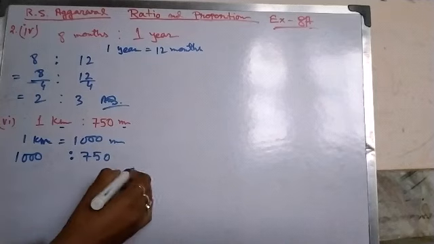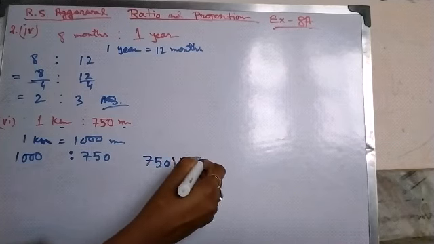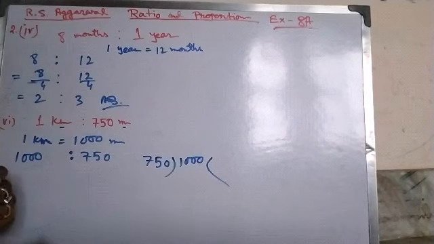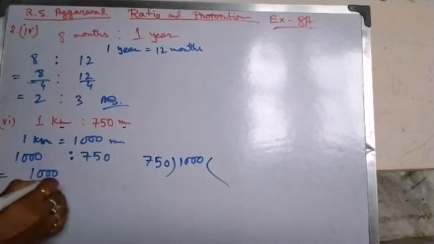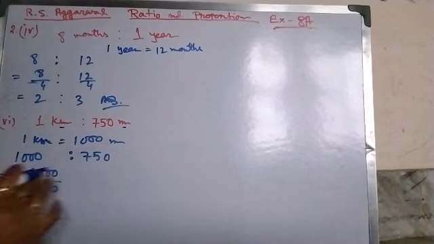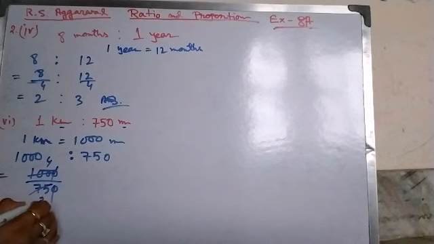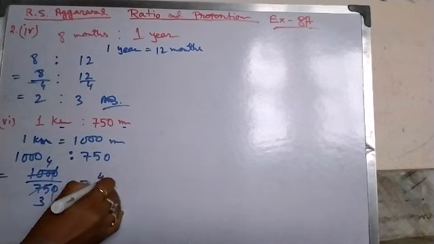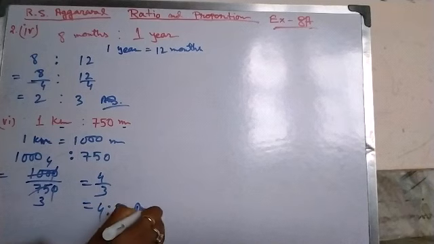Now we will find the HCF between them. Or one thing you can do, first you can transfer it into fraction like this, then we'll divide it. This is another process I am showing now. 0 0 will be cancelled, and by 25 it can be cut. 25 4s are 100, 25 3s are 75, so 4 by 3. Then the answer is 4:3. This is the answer.